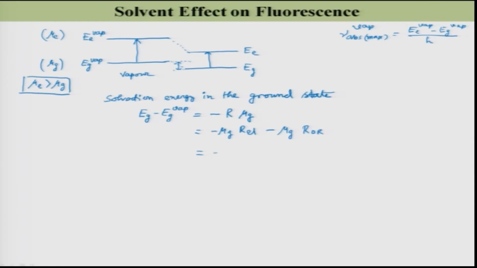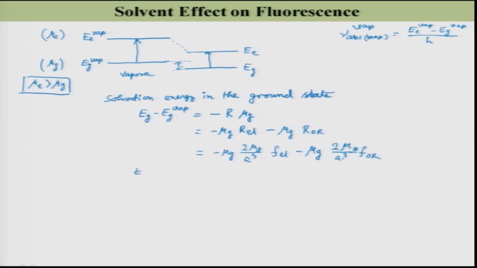So let me write that: minus mu g 2 mu by a cube, a is the radius of the cavity of your solute, into f EL minus mu g 2 mu by a cube f OR. So this mu in 2 mu by a cube, which mu is this? This molecule is in the ground state, so that should be mu g, right. So 2 mu g and this also 2 mu g, right. So I will just write it this way.